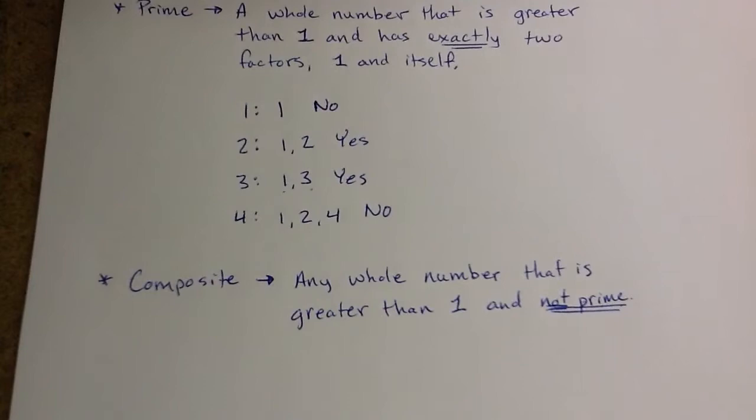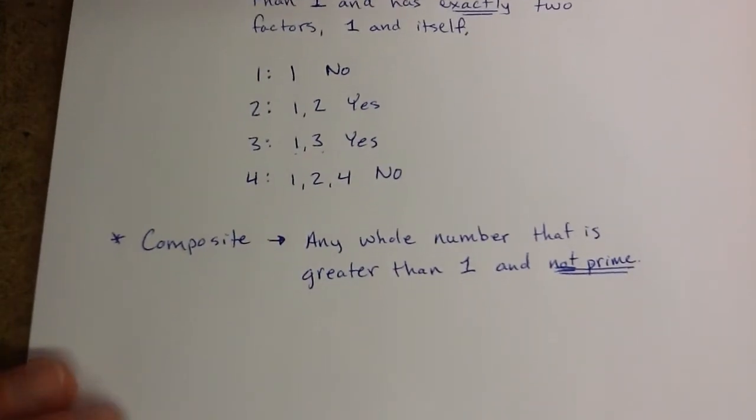Alright, so if it's greater than 1 and not prime, it's considered composite.